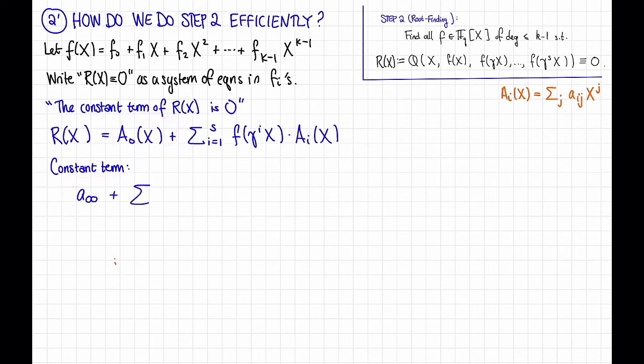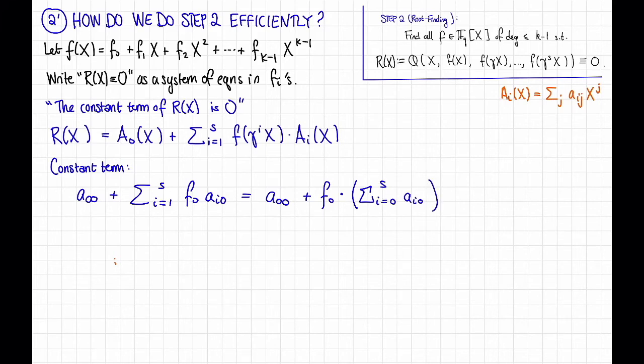And then we also have the sum from i equals 1 to s of the constant term of this, that's just f0, times the constant term of this, that's ai0. Or another way to write this is a0, 0 plus f0 times this thing, the sum from i equals 1 to s of ai0.